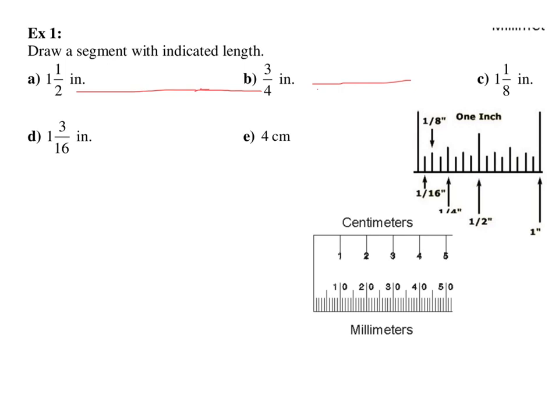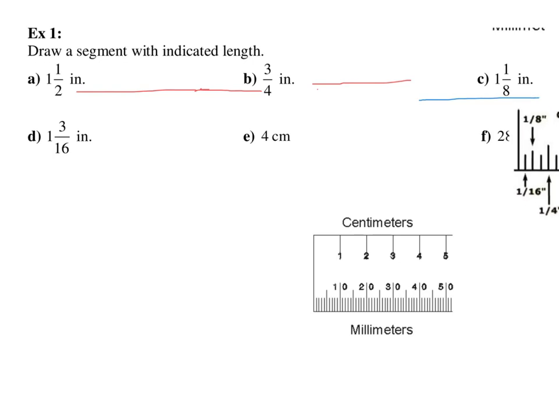I'm going to do it in blue. 1 1/8 inch. So here's 1 inch. Hopefully I could squeeze this in here, which I can. Awesome. Alright, so that's 1/8 inch there.